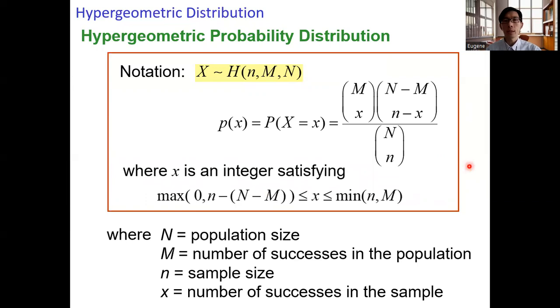And the support for X. What are the possible values of X? X is an integer satisfying these inequalities. X is greater than or equal to the maximum of 0 and the expression small n minus the expression big N minus big M. And X is less than or equal to the minimum of the sample size and the big M. M is the number of successes in the population.